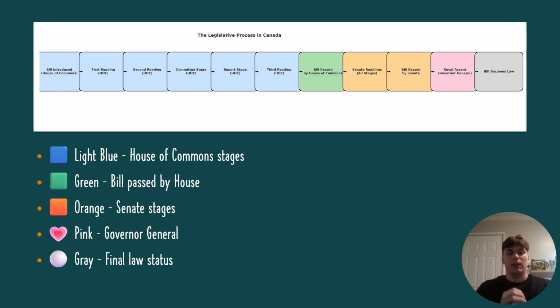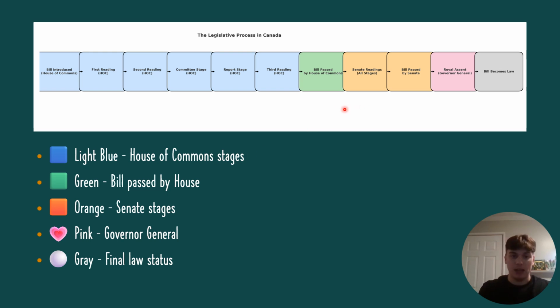This chart gives a basic overview of how a bill becomes law in Canada. A bill can be introduced in either the House of Commons or in the Senate, although most originate in the House of Commons. The bill then goes through several readings, debates in committees, and amendments.